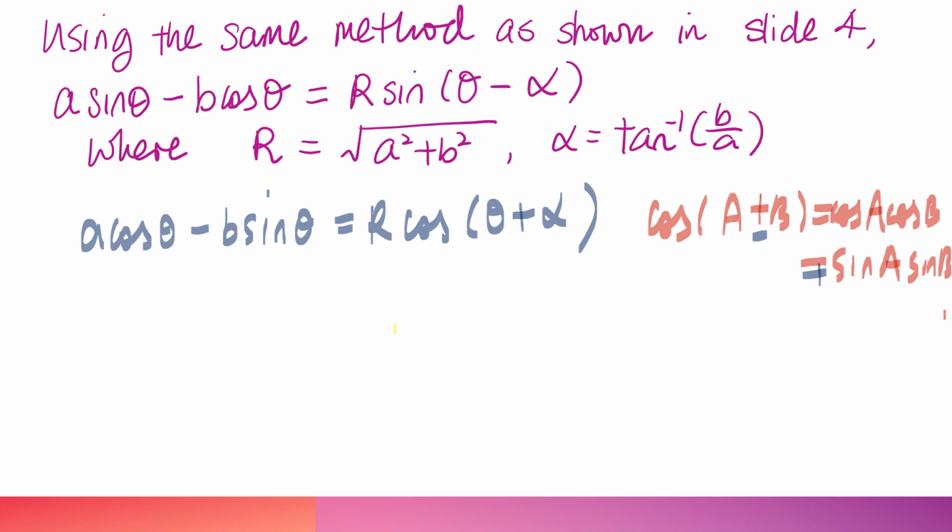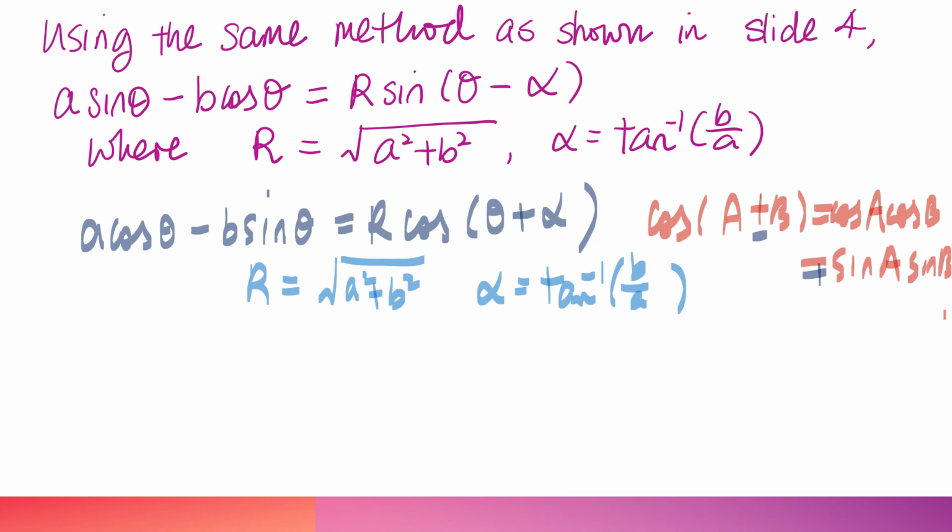Alright, so in this case here, what would be the values of R? Yes, the value of R is the same, which is just square root A squared plus B squared. And to find alpha is also the same, just tangent inverse B over A.